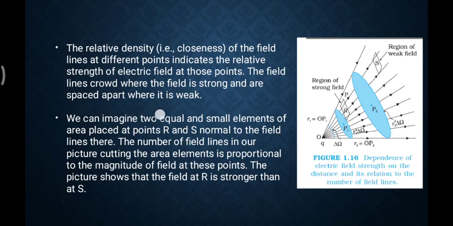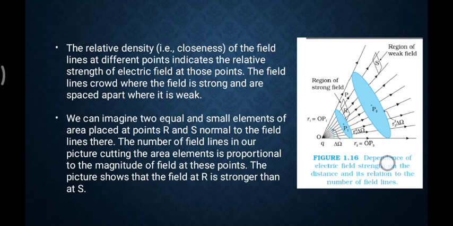If it is spaced apart, with a big gap between two field lines, it shows the weakness of the field. So I can say the strongest field is at O. As I go away from it, the strength of the field decreases. We can imagine two equal-sized area elements named R and S.